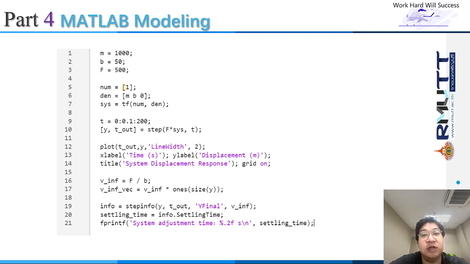It clearly demonstrates the dynamic characteristics of the system under the step force, providing an intuitive result for understanding the system behavior.